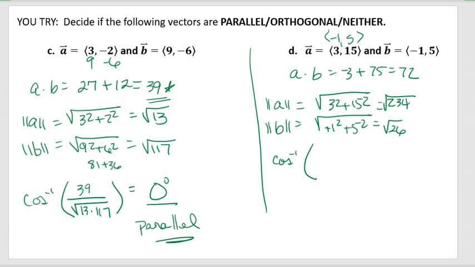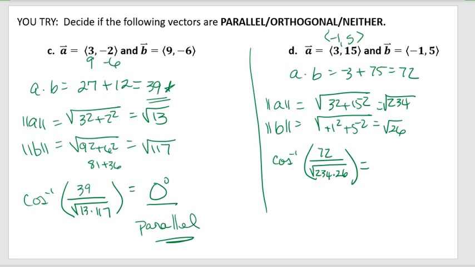So cosine inverse of 72 over a big square root, 234 times 26. All right, second cosine, 72 divided by second root, 234 times 26, enter.